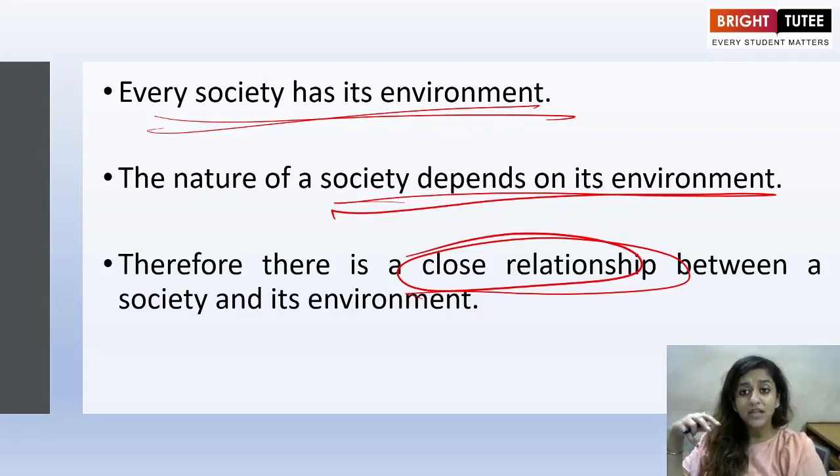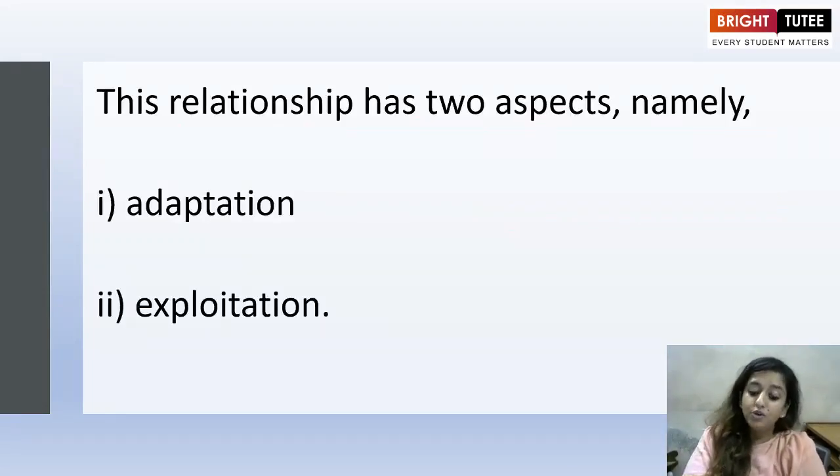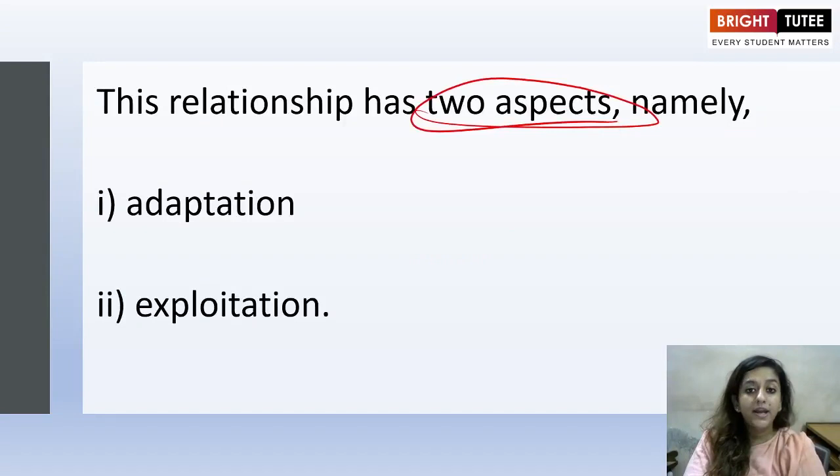So the society depends on what kind of an environment you have around you, and also in a lot of ways the environment around the society depends on what the people of the society are talking about or thinking about. So let's talk about the two aspects in this relationship between the environment and the society.